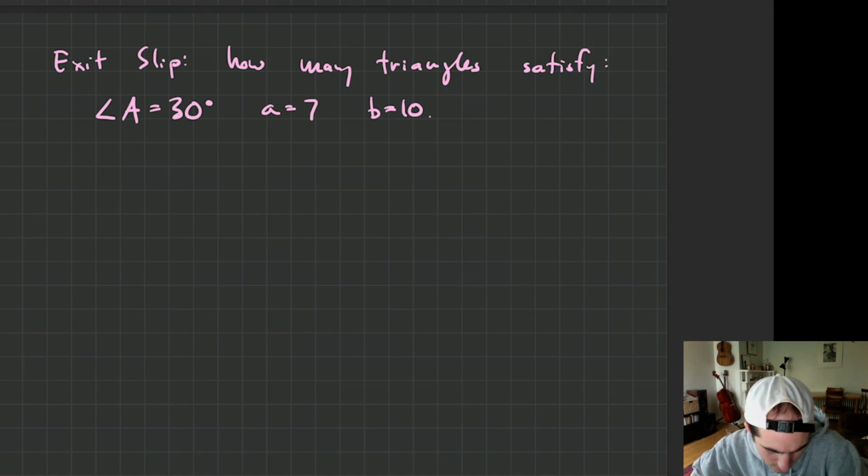So that's your exit slip today. How many triangles satisfy this situation where angle A is equal to 30 degrees, A is equal to 7, and B is equal to 10? That's your exit slip for the day.